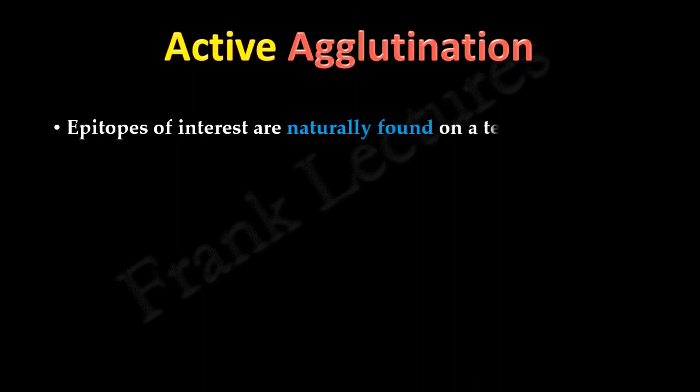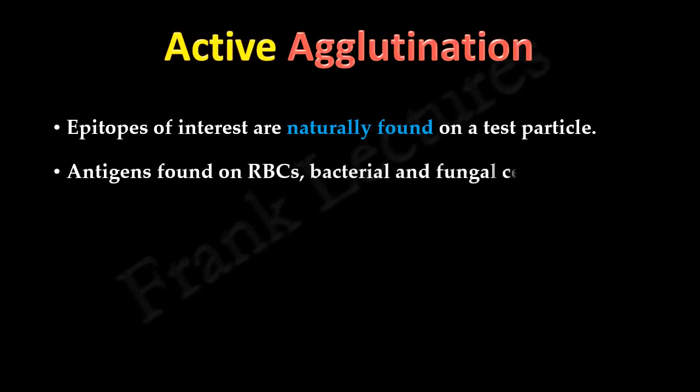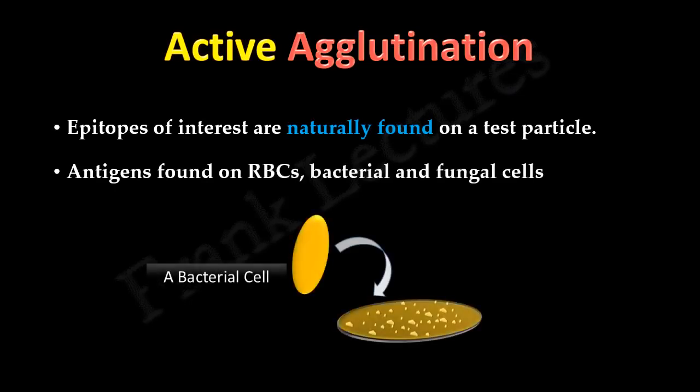In active agglutination, the epitopes of interest are naturally found on a test particle. For example, antigens present on RBCs, antigens and antigenic determinants present on bacterial cells, fungal cells, etc. Antibodies can bind directly to these antigens and agglutinate them.